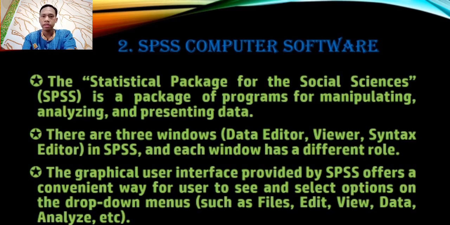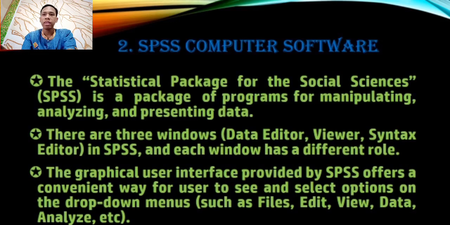And then in 2009, it was acquired and extended by IBM and is now used well beyond the social sciences. Although it has retained the name SPSS, it is no longer an acronym, and the software is officially known as IBM SPSS.